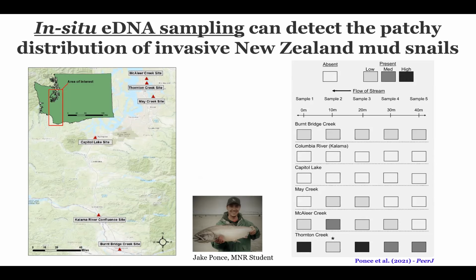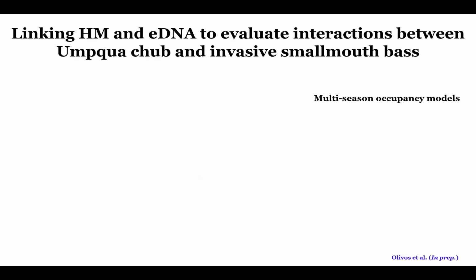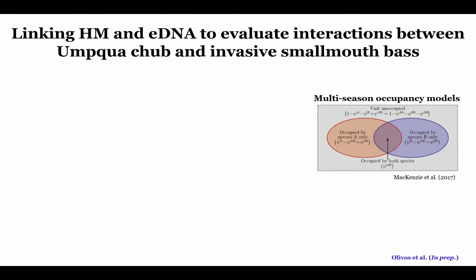So now we have this technology of linking eDNA with a habitat model. We are working on using a multi-season occupancy model to see when two species, one invasive and one native, are present, with eDNA, trapping, and temperature models. Also at the landscape level, we can evaluate the interaction between a native species, in this case Anko chub, and the invasive smallmouth bass.